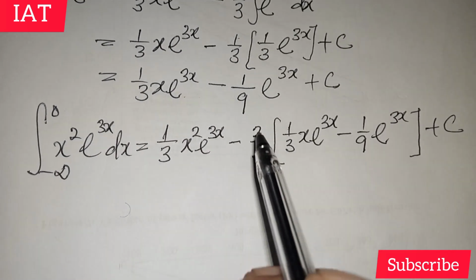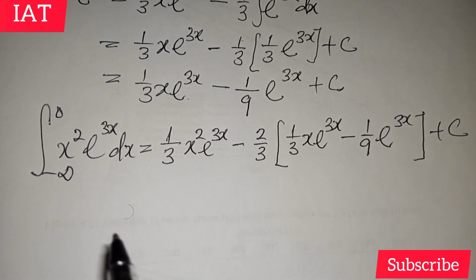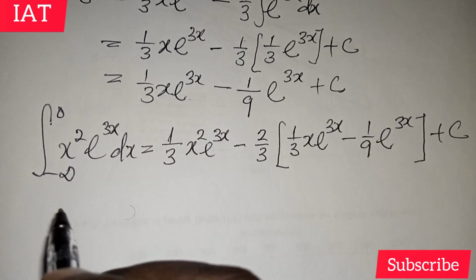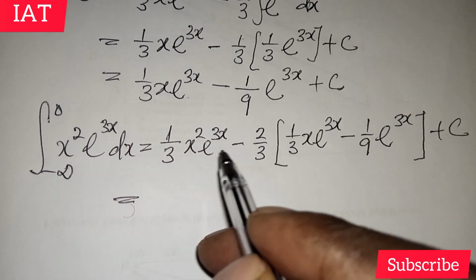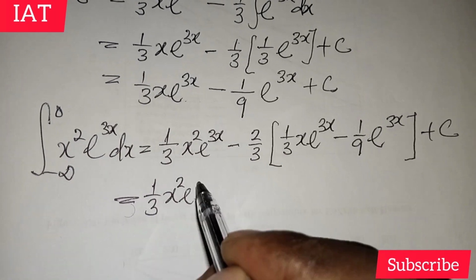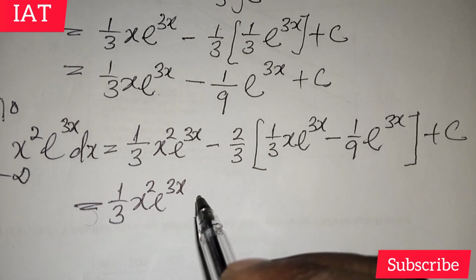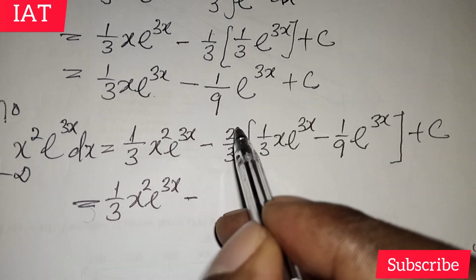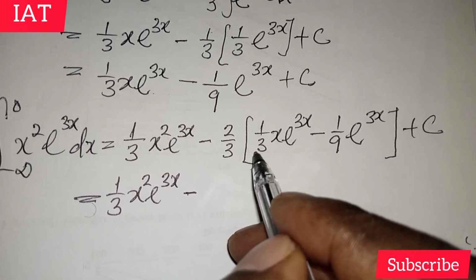So let's use this 2 over 3 to distribute across this. So we have that the right hand side will be 1 over 3 x squared exponential 3x minus 2 times 1 will be 2 and 3 times 3 will be 9.